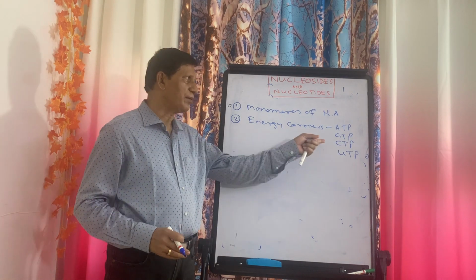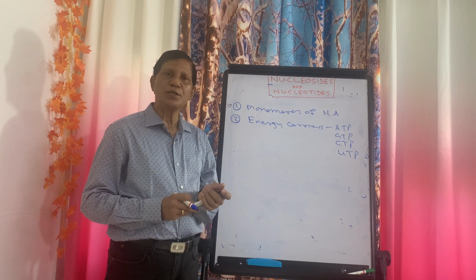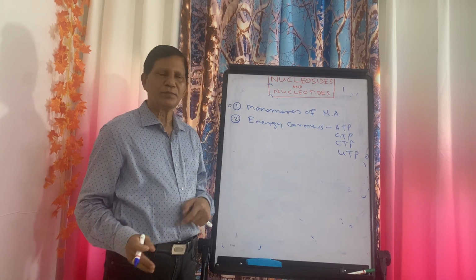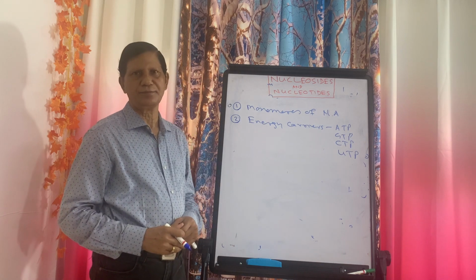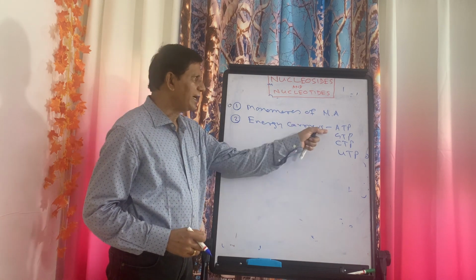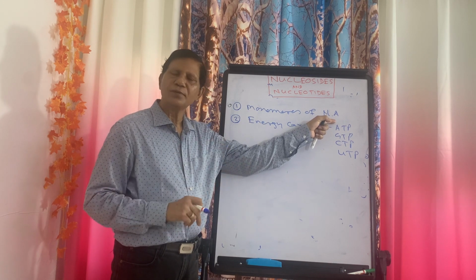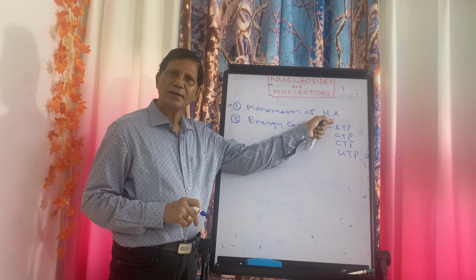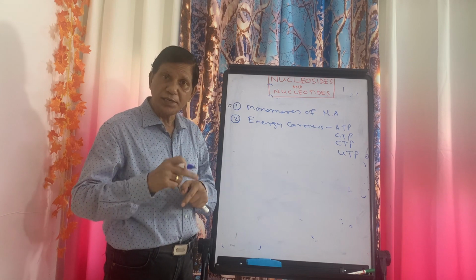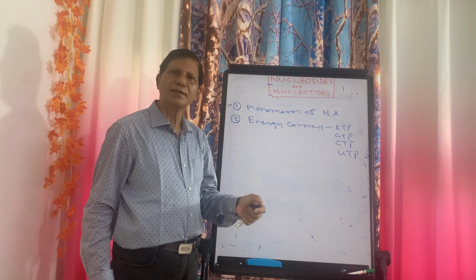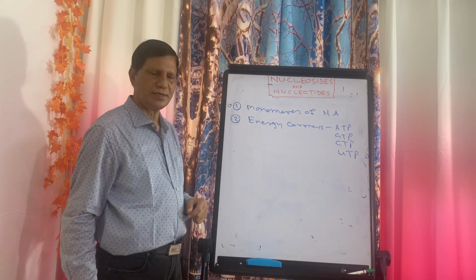So from this you can mark whether ATP is more nearer to RNA or DNA. From the full form you can guess it. Adenosine, and adenosine belongs to RNA. If it would have been DNA, then it would have been deoxyadenosine. So this is more related to ribonucleic acid.